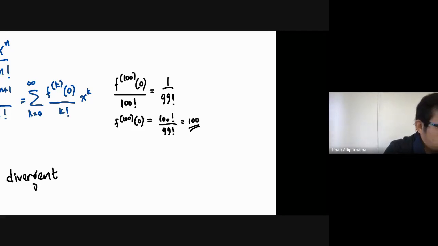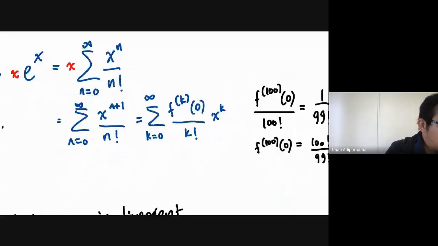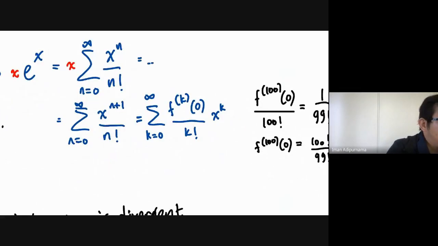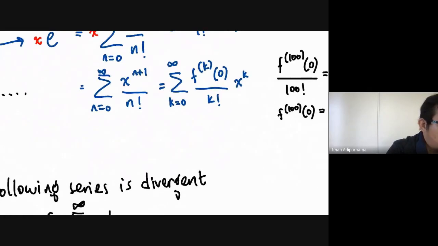Okay, if you don't get it, let me go to here. Remember that you can expand this into, let's say, 1 plus x over 1 factorial, and then x squared over 2 factorial, and so on and so forth. The same thing with here.